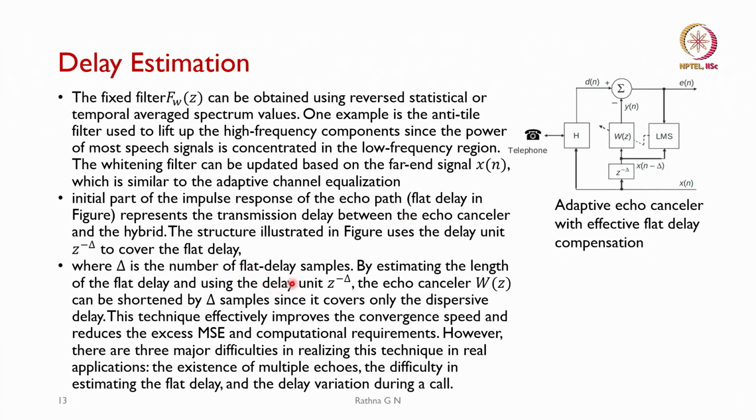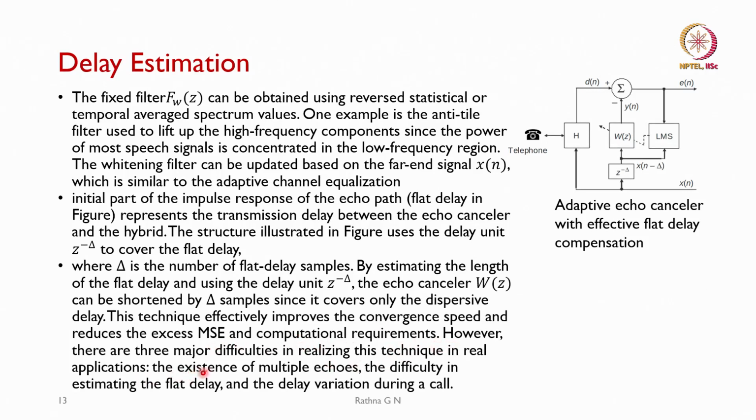So, delta is the number of flat delay samples, and by estimating the length of the flat delay and using the delay unit z^-delta, the echo canceller W(z) can be shortened by delta samples, since it covers only the dispersive delay part of it. So, this technique effectively improves the convergence speed and reduces the excess mean square error and computational requirements.